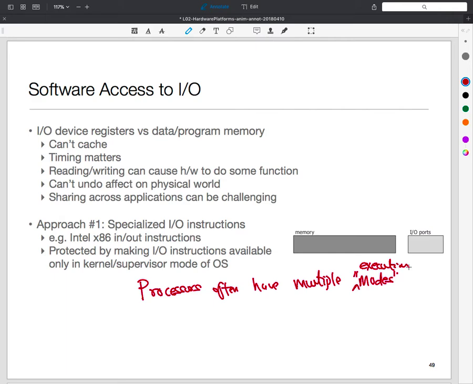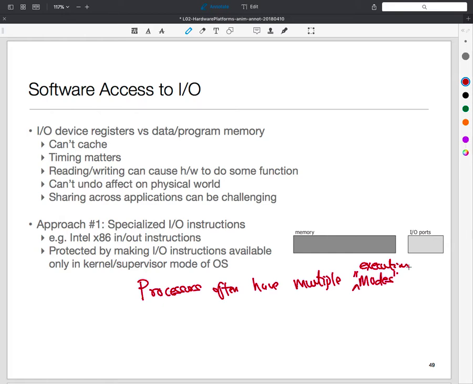Now, having said that, not all processors have these kinds of execution modes. Simpler processors don't make a distinction. Everything is just one mode. But if you're looking at Intel's x86 processors, they have this hierarchy of modes. Intel calls them rings. Ring 0 in Intel processors refers to a very privileged mode. That's where the operating system is.